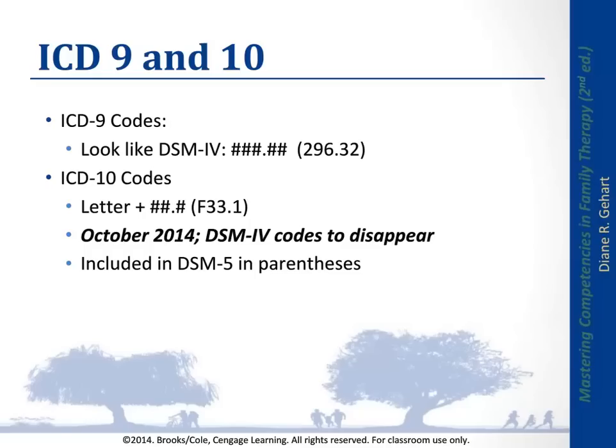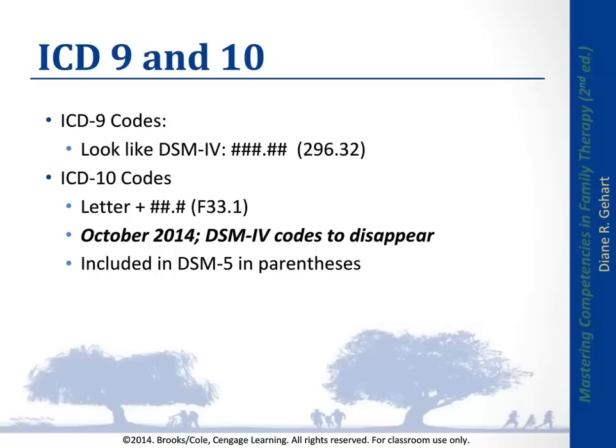That is the diagnostic manual produced by the World Health Organization for diagnosing both physical and mental health issues. And the ICD-9 codes are basically 3 numbers, a point, and then 2 numbers in all cases. These were in the DSM-4, and they're also in the DSM-5. This 5-digit, all-numeric coding system is related to the ICD-9.